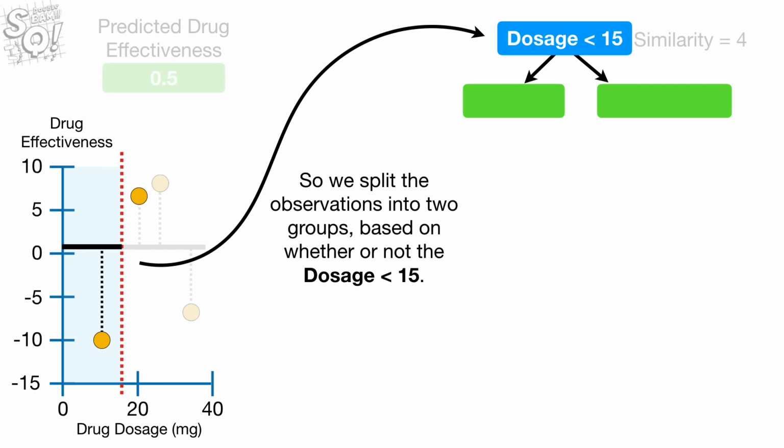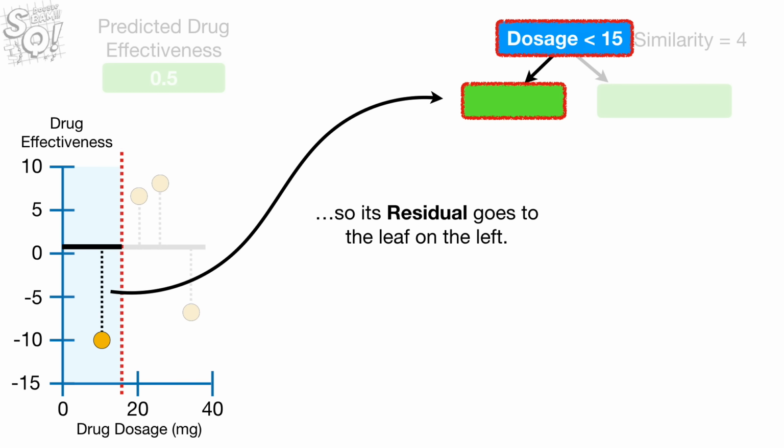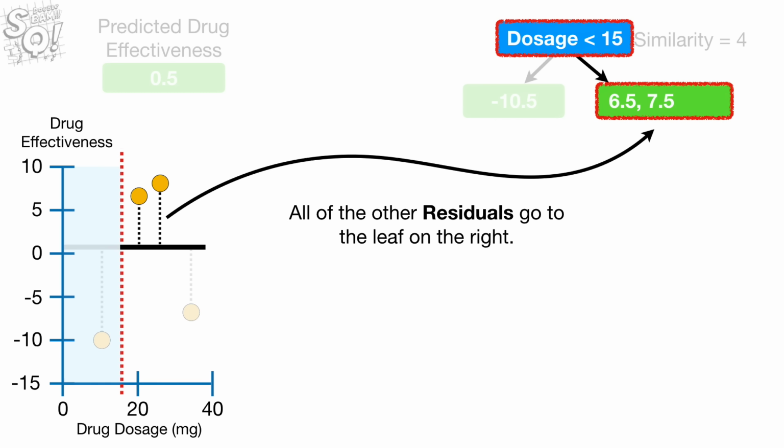So we split the observations into two groups based on whether or not the dosage is less than 15. The observation on the far left is the only one with dosage less than 15. So its residual goes to the leaf on the left. All of the other residuals go to the leaf on the right.